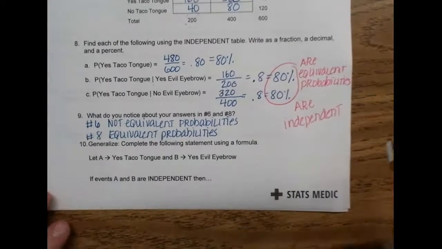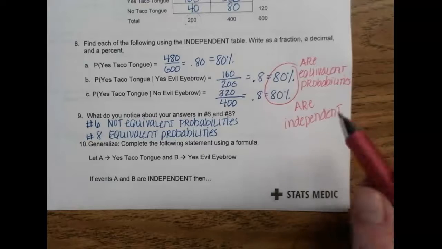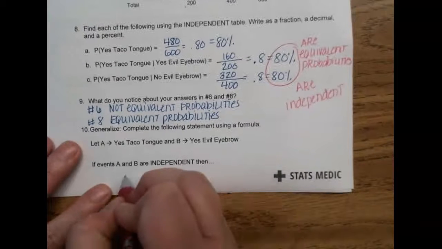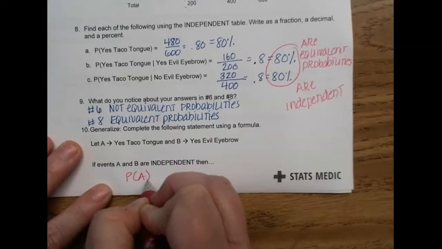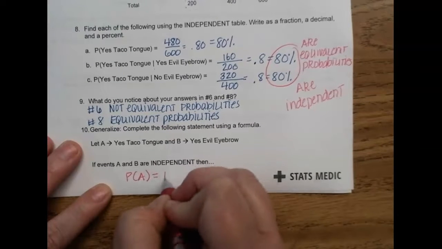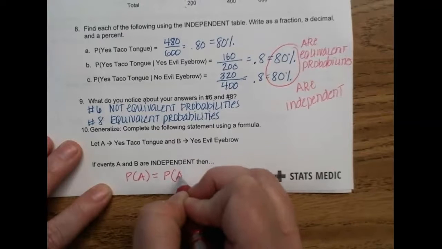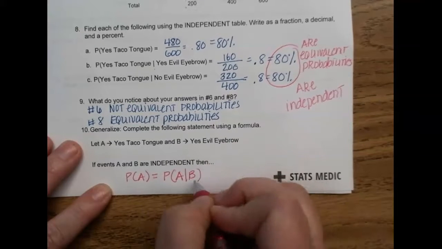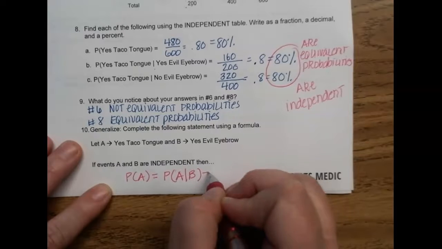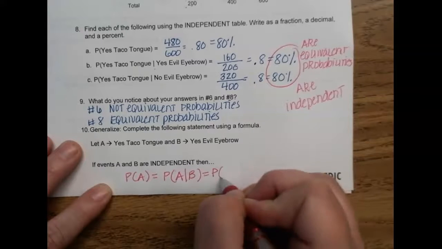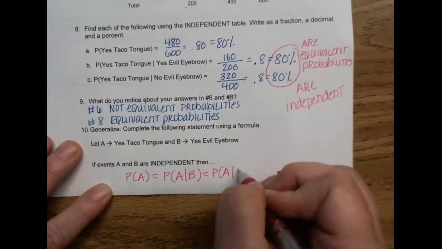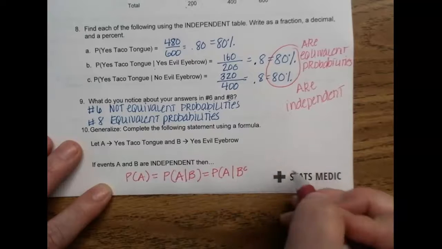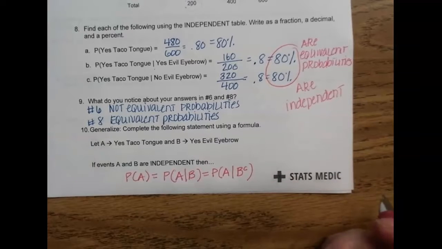So if A and B are independent, that means the probability of A is the same as the probability of A given that B has already happened, which is also the same as the probability of A given that a different category, the complement of B, has already happened. They'll all be the same if they're independent.